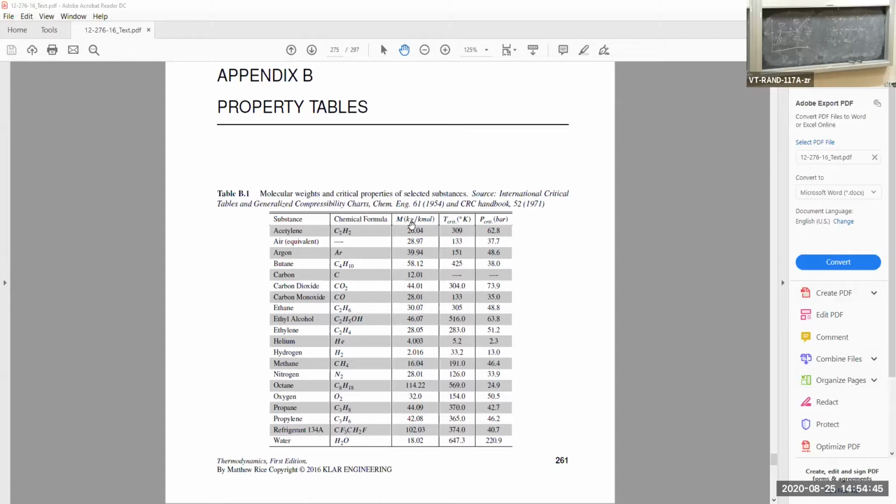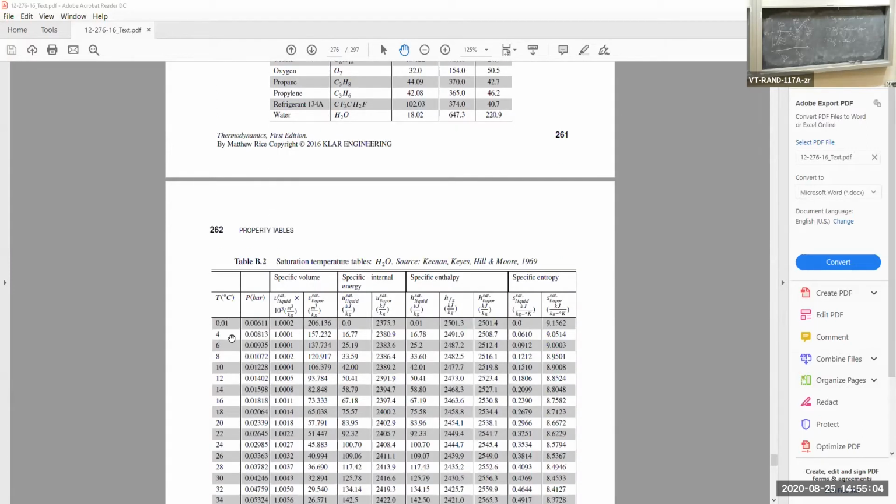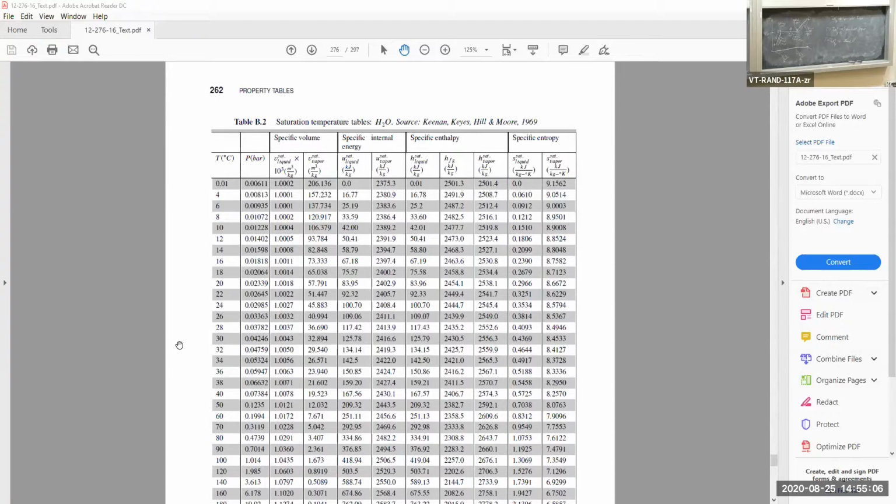You have some molecular weights. Don't worry about this T-crit and P-crit just yet. You got some chemical formula, molecular weight for various things. So here we have water down here, H2O. Molecular weight, kilograms per kilomole, is 18.02. Got this from chemistry.